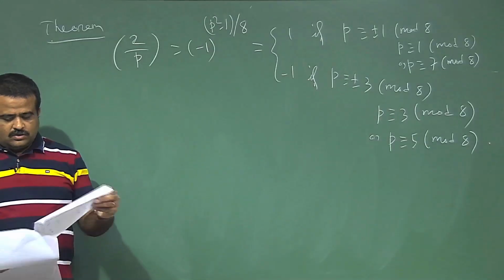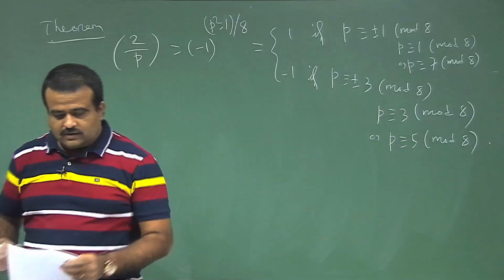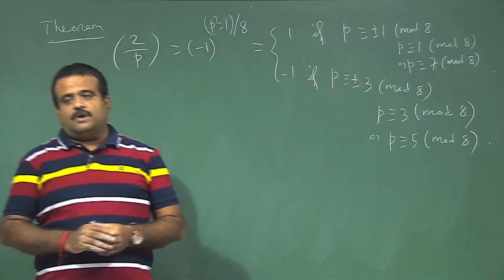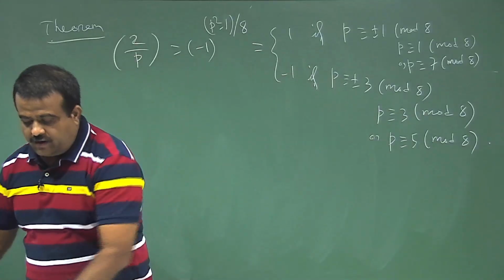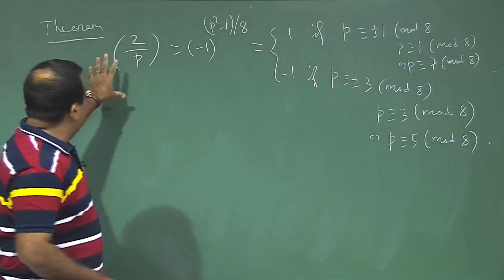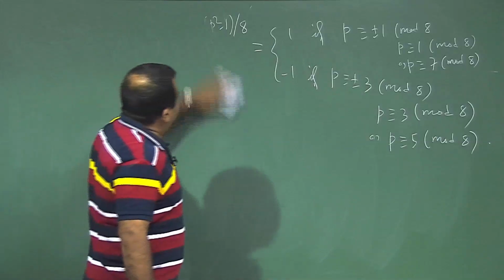Okay. Next we will define what is called the Jacobi symbol. It is a generalization of the Legendre symbol, where so far we have assumed P is prime. Now, what happens if P is not a prime? Then how do we define this symbol?